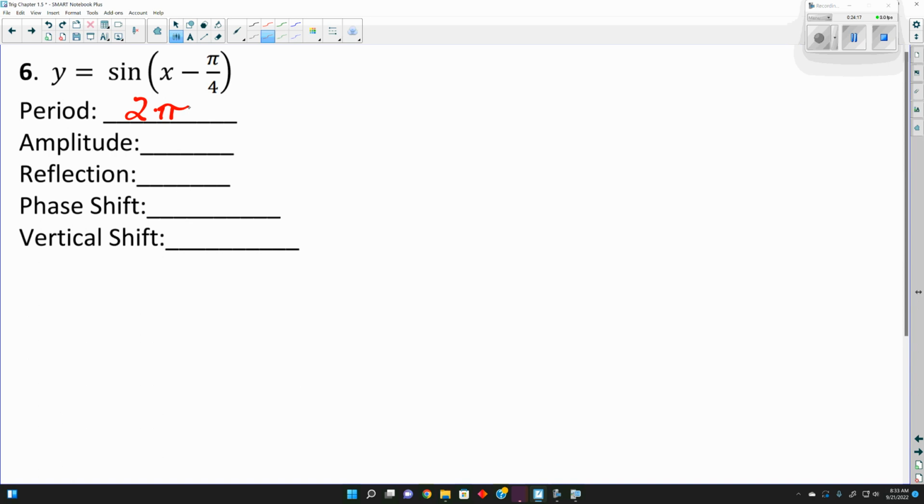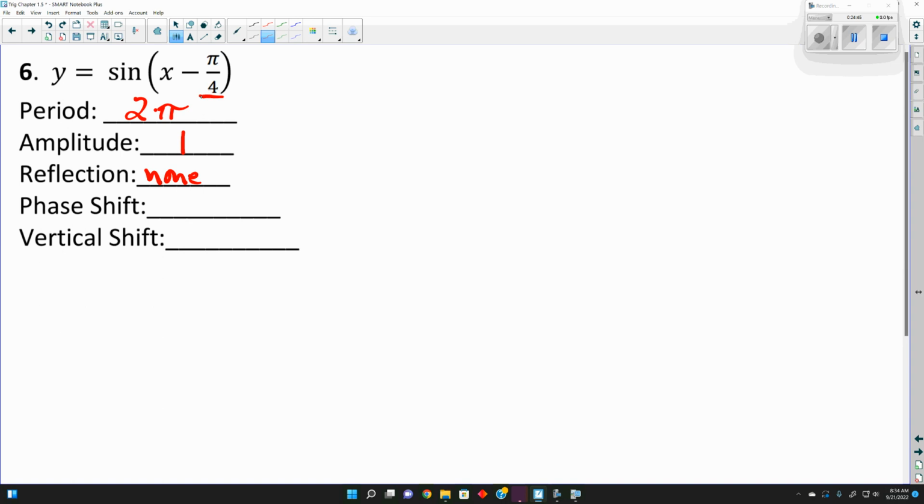Now we need to look at the amplitude. So the amplitude would be 1. Is there a reflection? None. Nope. No reflection. None. Phase shift is what? Is it this value here? Yes.